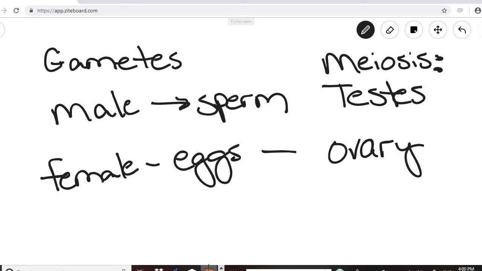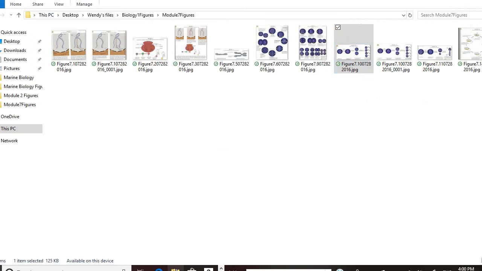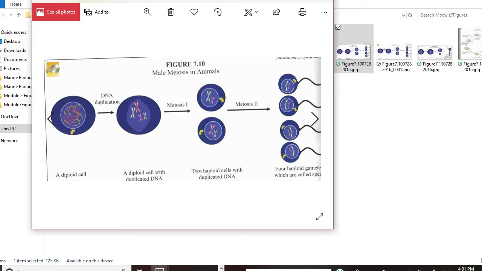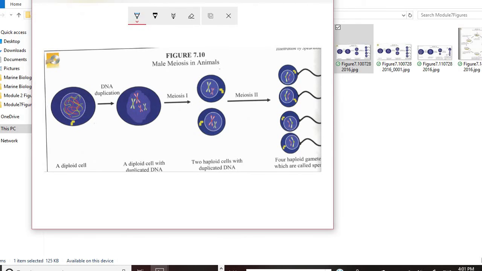Okay, so the one difference that I need to point out to you is that in a male, you end up with 4 cells, and those cells will then form a tail. It's like a flagellum in which they can move, and they can go in search of an egg. But all four of these cells are functional, and any of those cells could fertilize an egg.